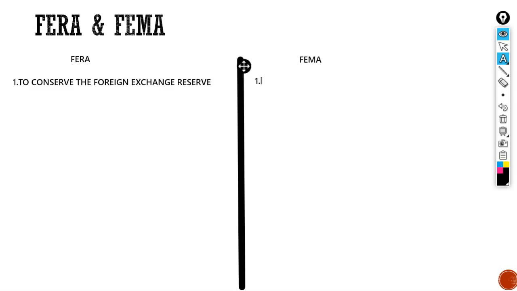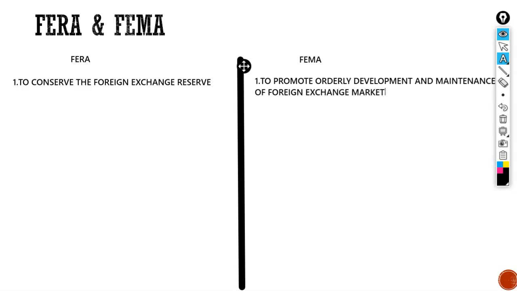whereas for FEMA it was to promote orderly development and maintenance of the foreign exchange market. So one was to conserve, the other was to maintain.